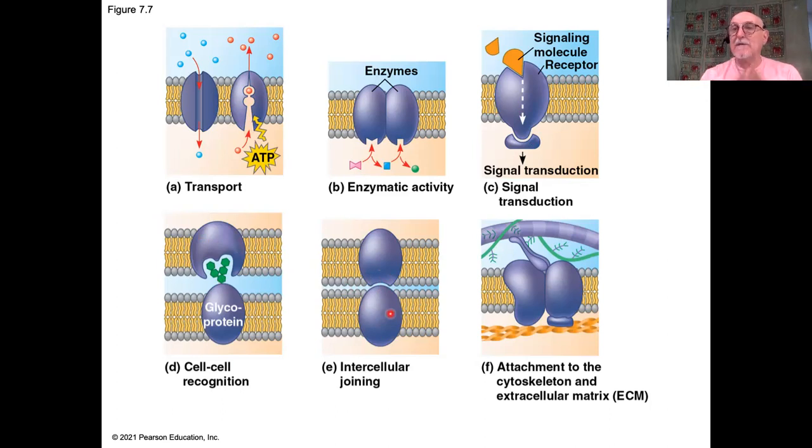I told you before about things like tight junctions, this sort of thing. All of those things which tie cells together into a tissue and then the tissues together into an organ, all of those depend upon cell-to-cell recognition, upon intercellular joining, and lastly, to something that we've already heard about.